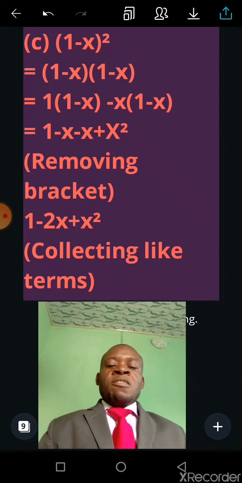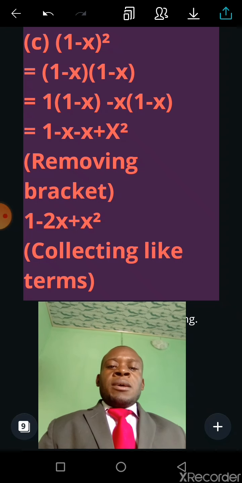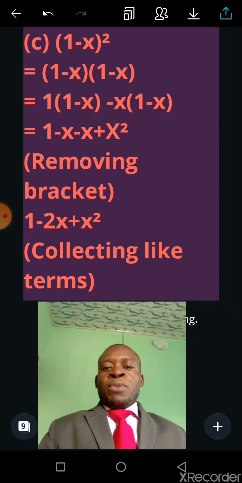Then if we now spread it the way we did in A and B, we have 1(1 - x) - x(1 - x). Then when we begin to multiply, 1 times 1 will give us 1. 1 times -x will give us -x.